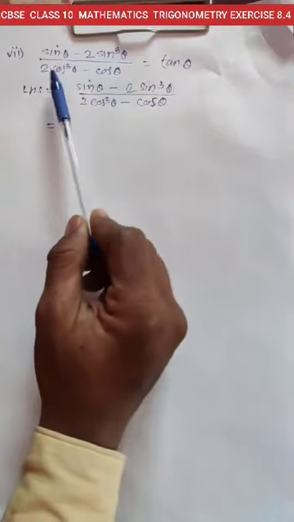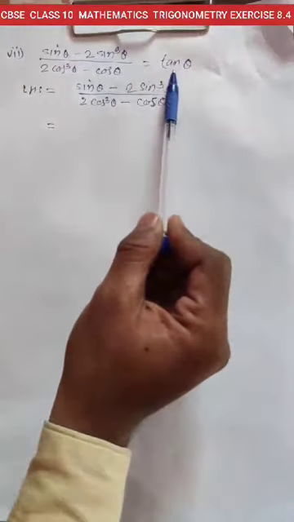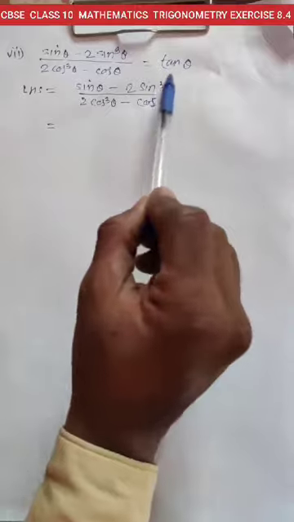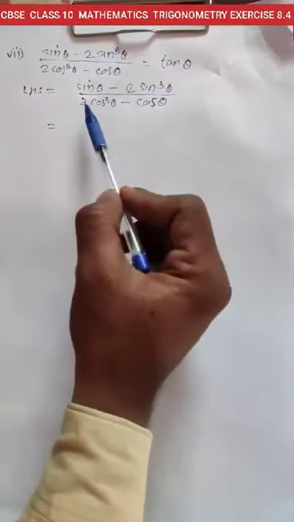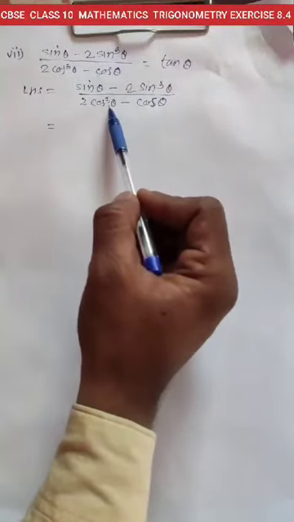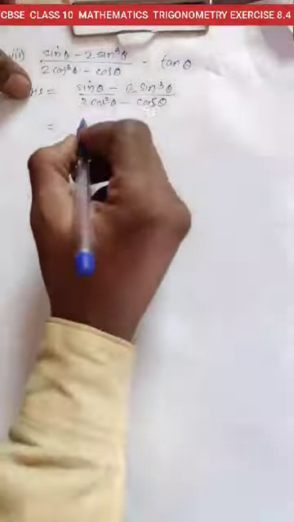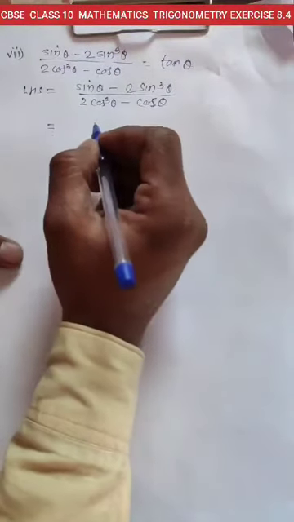Dear students, our question number 7 is (sin theta minus 2 sin cube theta) upon (2 cos cube theta minus cos theta) is equal to tan theta. We have to show that this is tan theta. For this purpose we take the left hand side: sin theta minus 2 sin cube theta over 2 cos cube theta minus cos theta. Solving this, take sin theta common from the numerator.